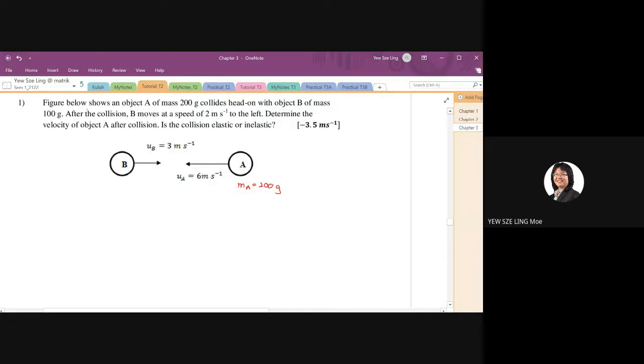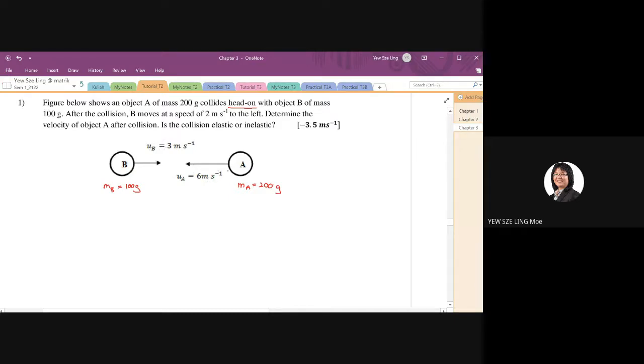The figure below shows object A, 200 gram, colliding head on. Head on means two objects must be coming from opposite directions, with object B of mass MB equals 100 gram. In this diagram, they give you the magnitudes, to be more precise, UB and UA.